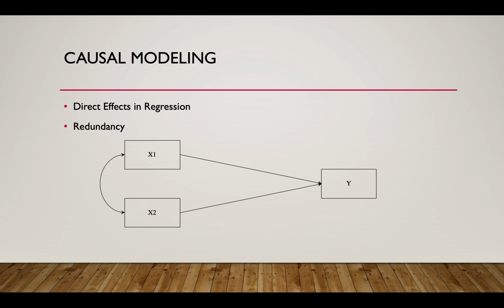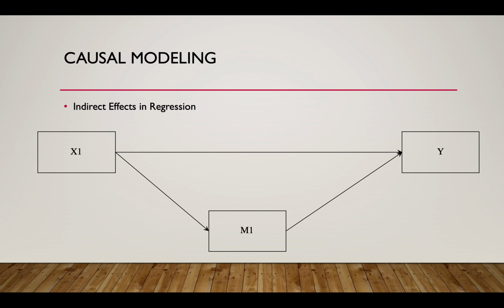Redundancy means that it can sometimes be difficult to parse out what exactly is going on between x1 and x2. Indeed, redundancy among explanatory variables is kind of the plague of our efforts to understand the causal structure that underlies the observations that we've got.